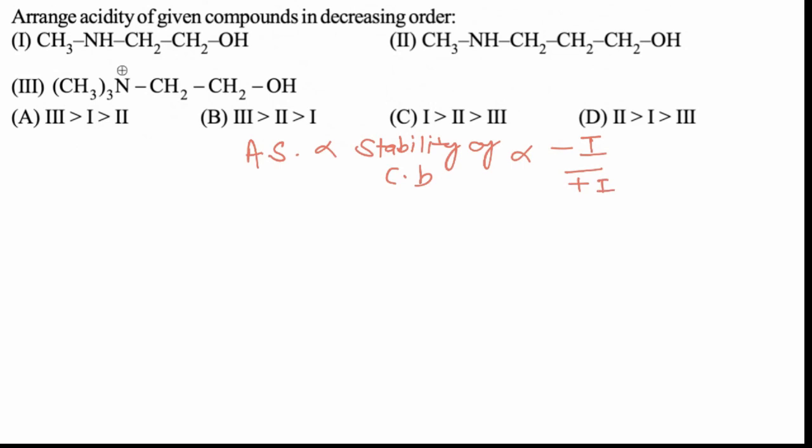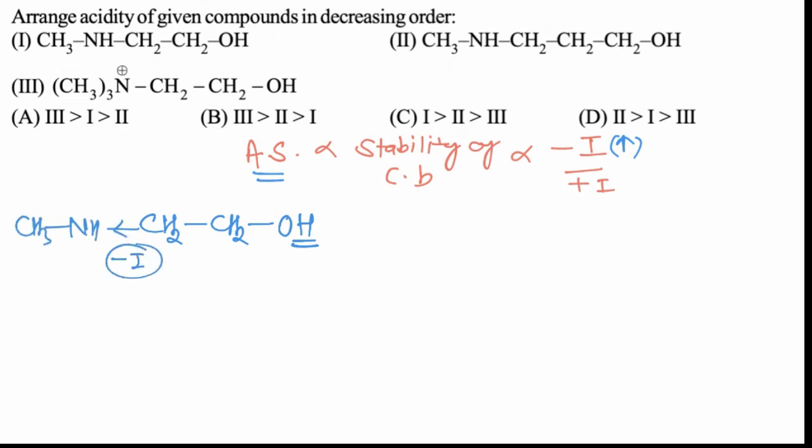So in short, we can write that acidic strength increases with increasing minus I effect and decreases with increasing plus I effect. Now if we consider the first example, in this molecule CH2, this OH is acidic, having an acidic hydrogen. Now NHCH3 imparts a minus I effect, so it increases acidic strength.